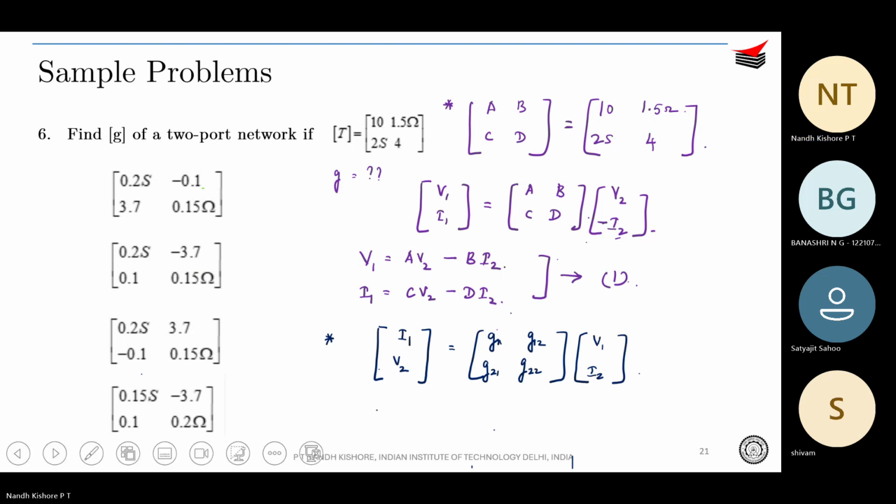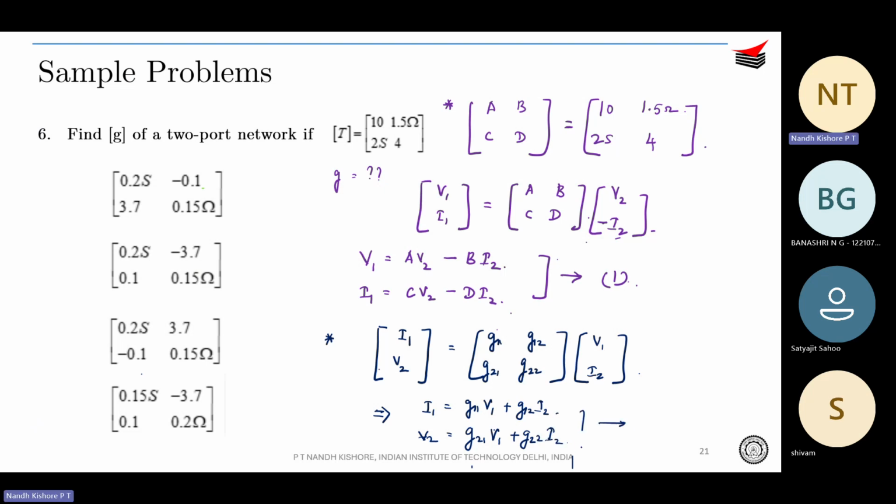I'm just expanding this. Okay, so we have the second equation.